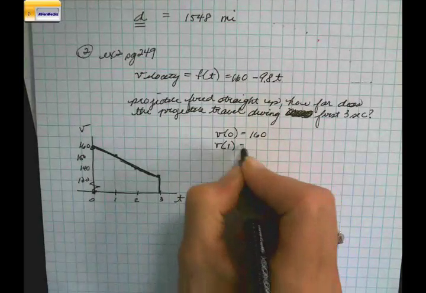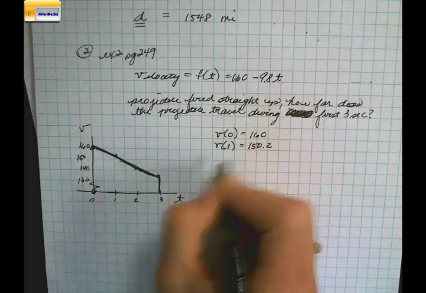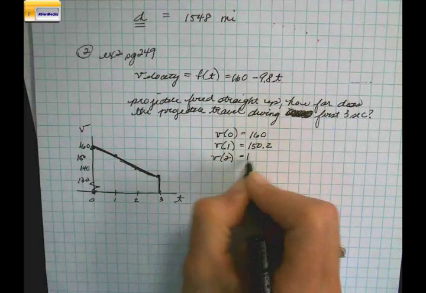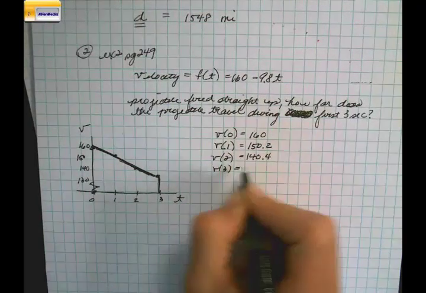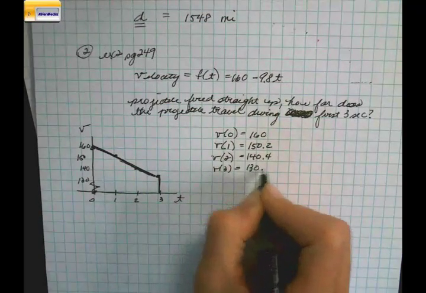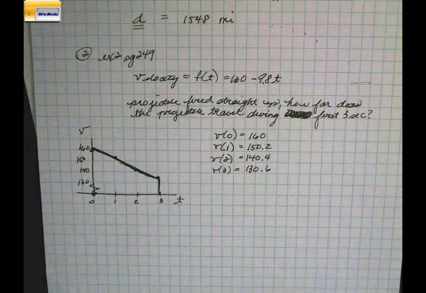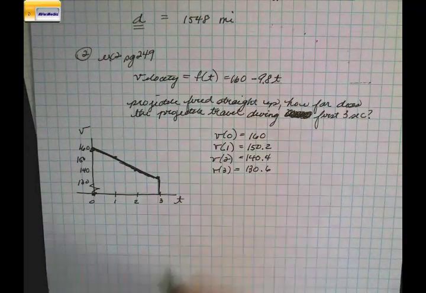The velocity at 1, the velocity at 2 seconds, and the velocity at 3 seconds. And so you could pick with those numbers whether you want to use the left endpoint or the right endpoint. I'm going to stop right here and have all the men do the left endpoint and all the women do the right endpoint, and we'll compare.